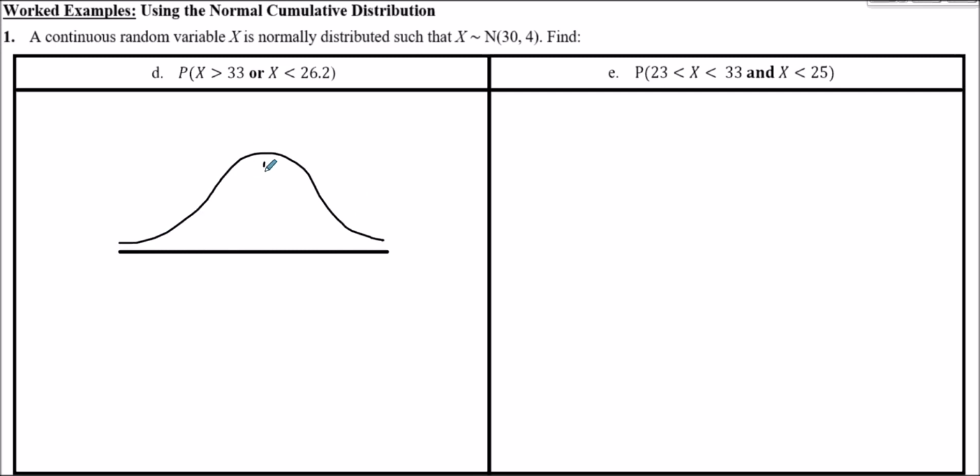we know the mean is 30. The chance of it being more than 33 is essentially this tail bit of a curve at the higher end.